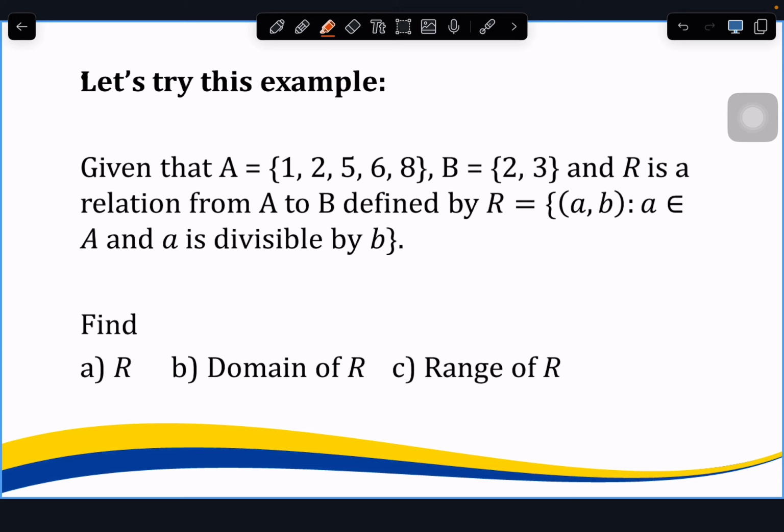R is defined as the elements (a, b), where a is an element of A and a is divisible by b. So where is the problem? I see some answers already.